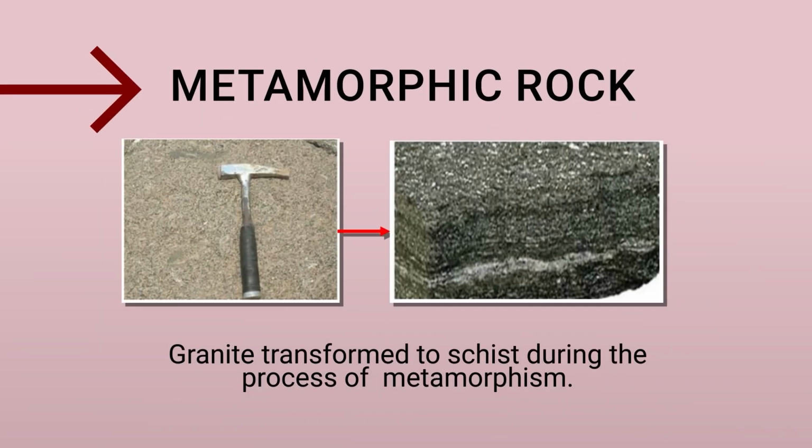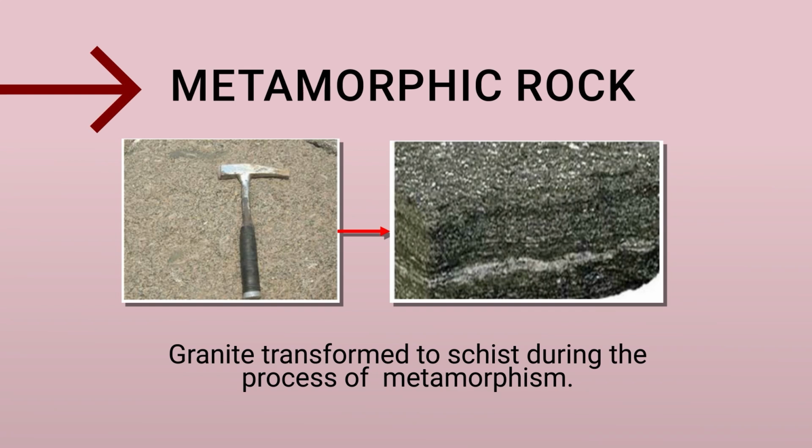That is why we cannot only rely on chemistry. It is also important to understand the petrography, the thin section study, and the interrelationship, the textural and structural relationship, which are important. Now if you see the granite, if you subject it to changed pressure temperature conditions, it will be transformed to schist during the process of metamorphism.